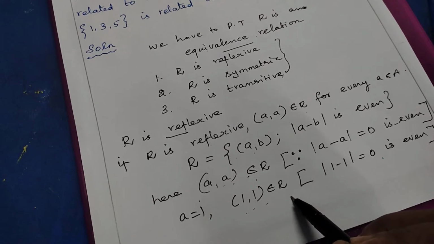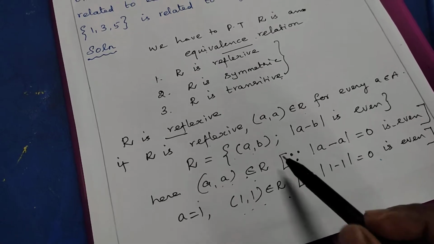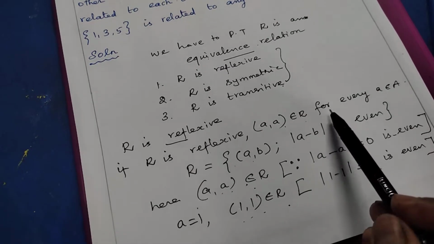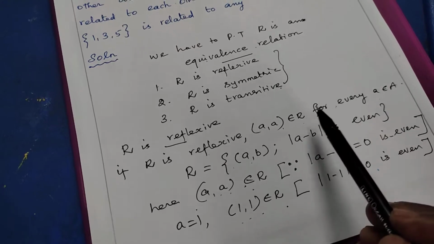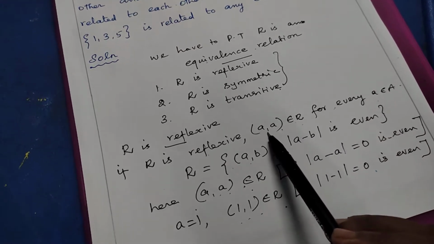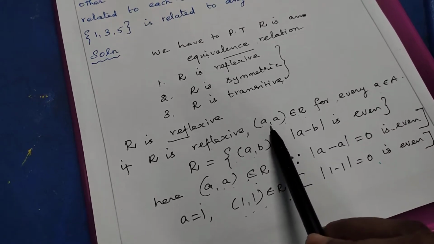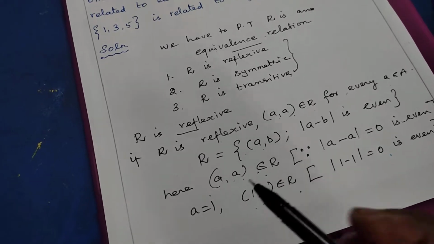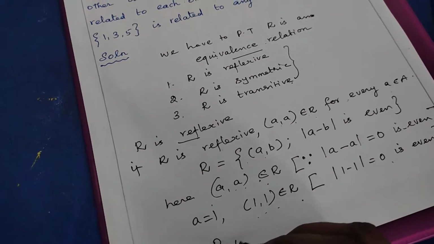So the reflexive condition, that (a, a) belongs to R for every a belonging to A, is proved by the relation. Therefore, we can say that R is reflexive.